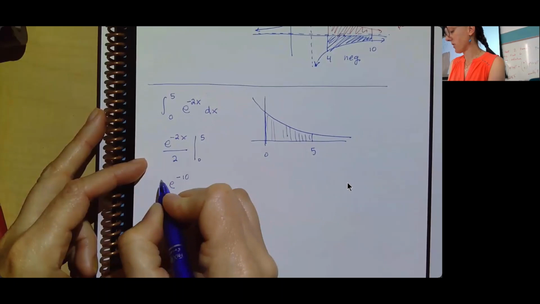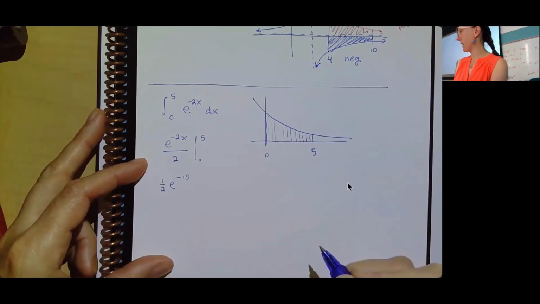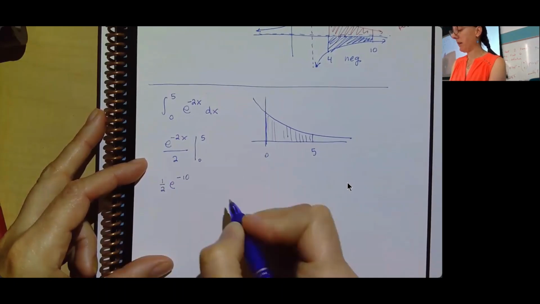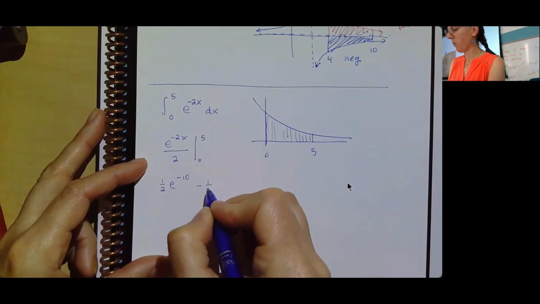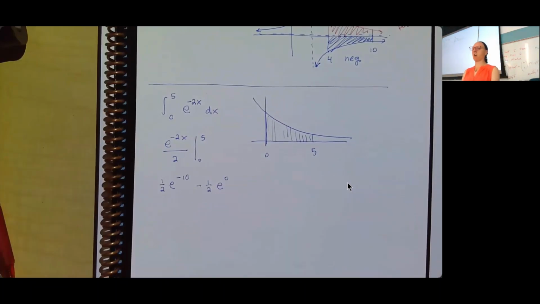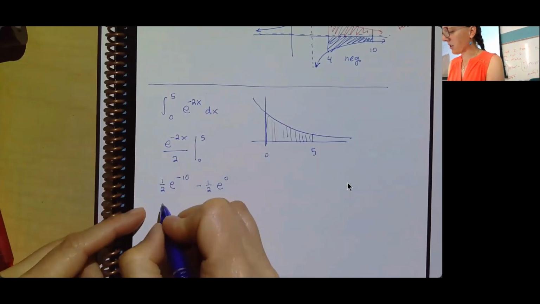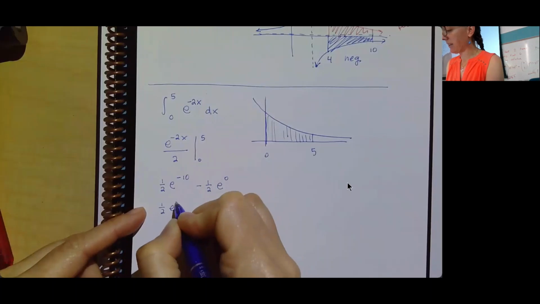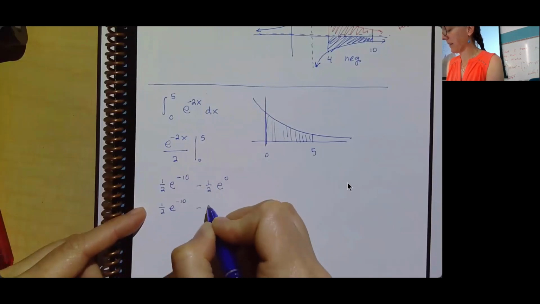Instead of dividing by 2, I'm just going to save a little space and write that as times 1/2, minus 1/2 e to the 0. By the way, what is e to the 0? Okay. So really, that's just 1/2 e to the negative 10 minus 1/2.